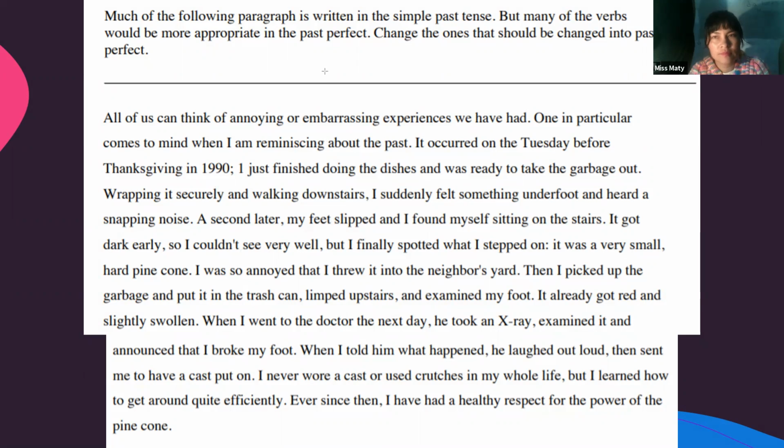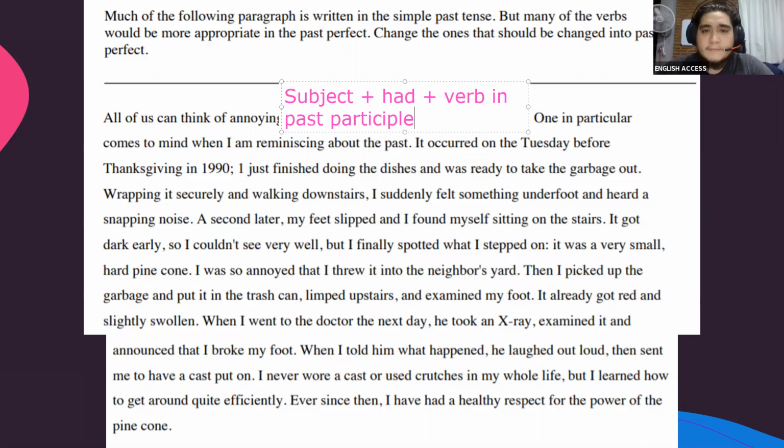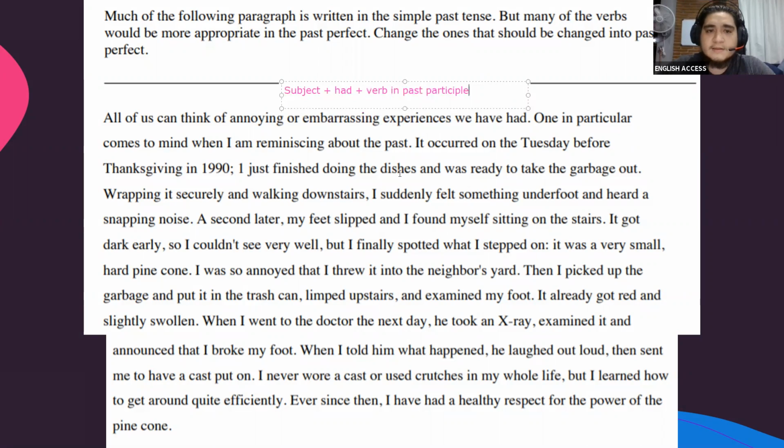Remember the structure for the past perfect is a subject plus had plus a verb in past participle.